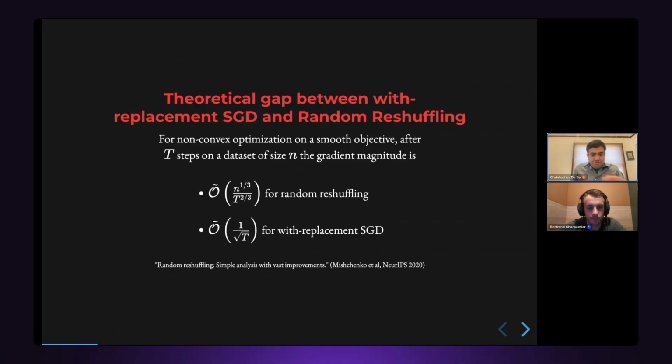Random reshuffling scales as n^(1/3) over t^(2/3).